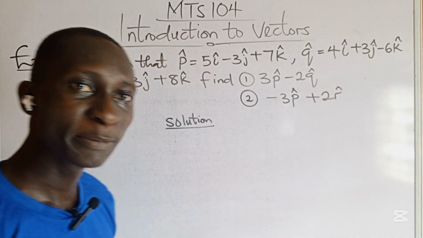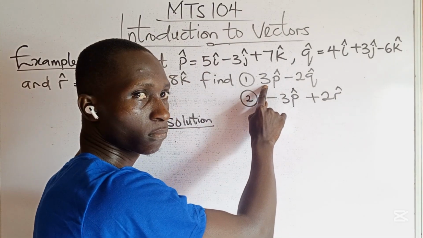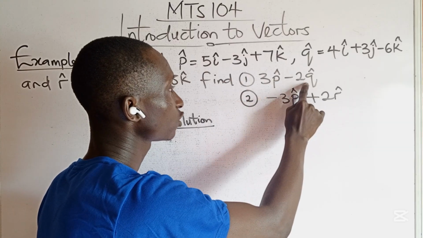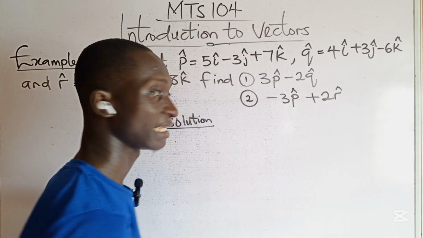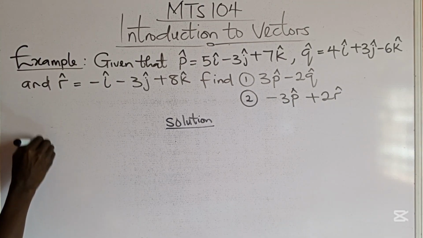Why is it a scalar multiplication? Because we are multiplying P by a scalar, and we are multiplying Q also by a scalar. Now how do we do this? It's as simple as ABC.